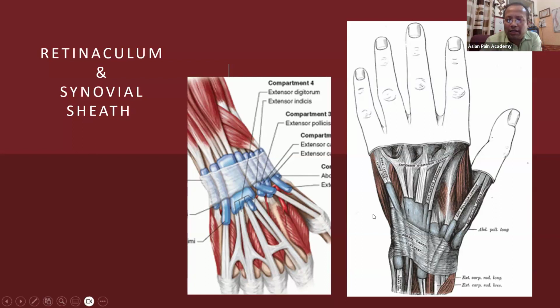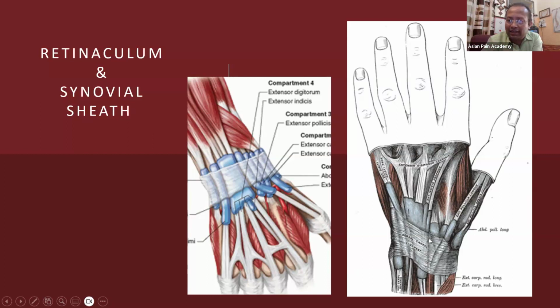Okay, and extensor retinaculum. The extensor retinaculum is needed to hold all the tendons together with the bone. It is inserted in the bone. This extensor retinaculum is not a straight line.